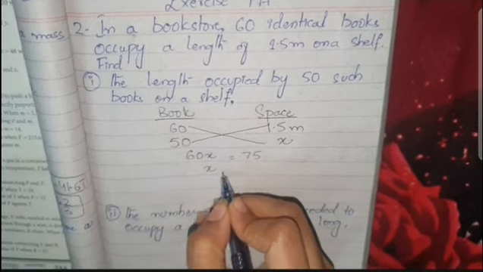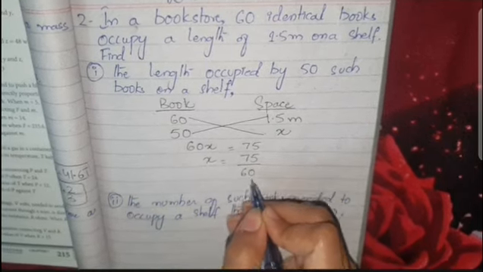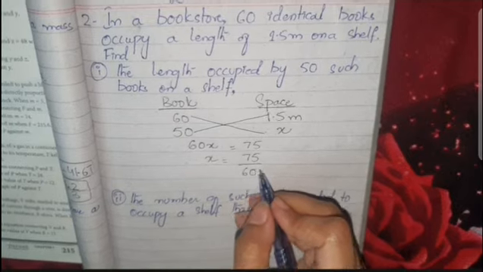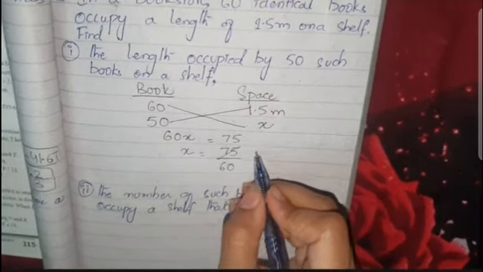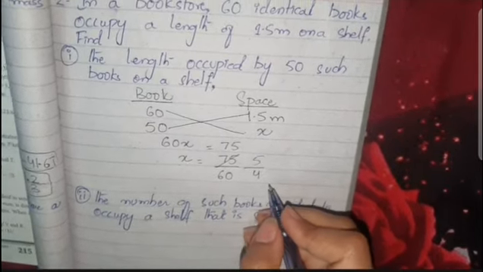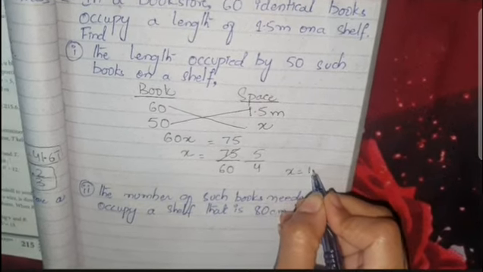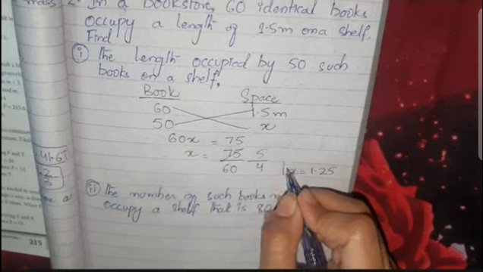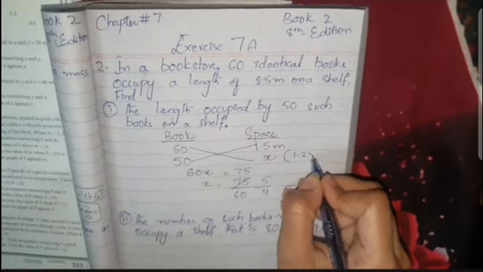So x is equal to 75 divided by 60. We can solve it by the 15th table: 5 upon 4, so it would be 1.25. x is equal to 1.25. So the space occupied, the value of x over here, is 1.25.